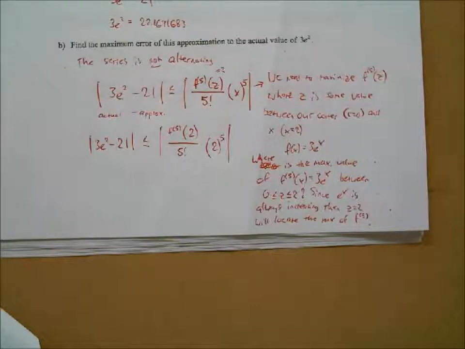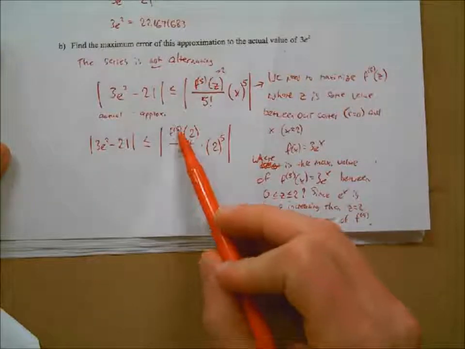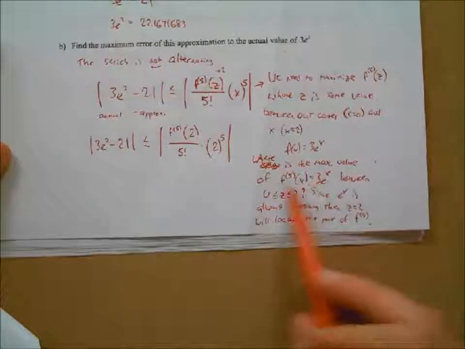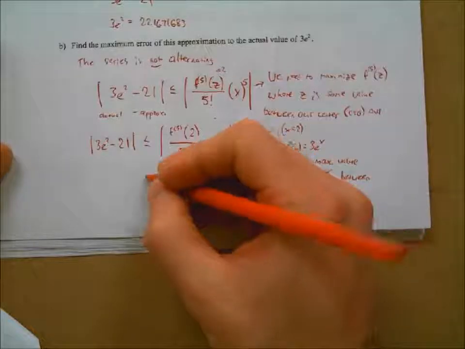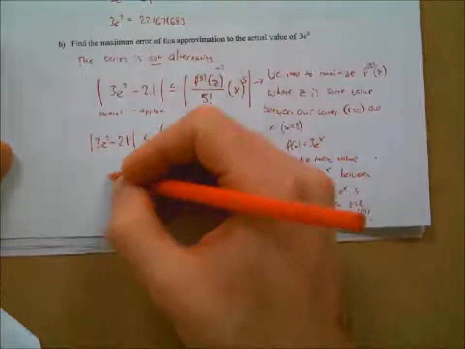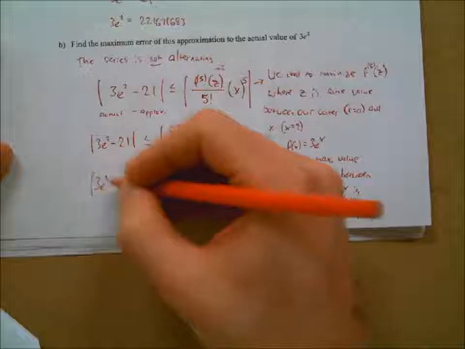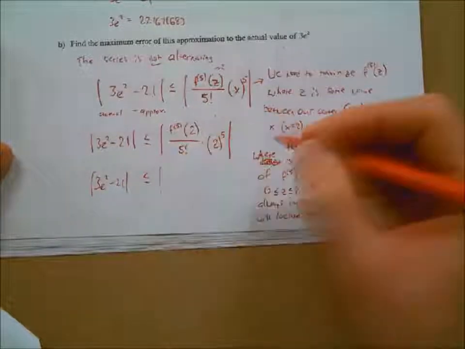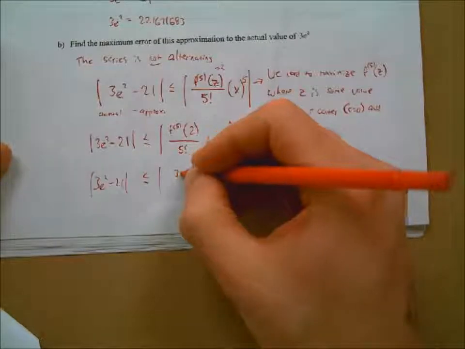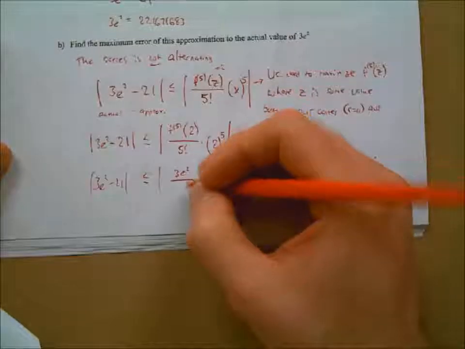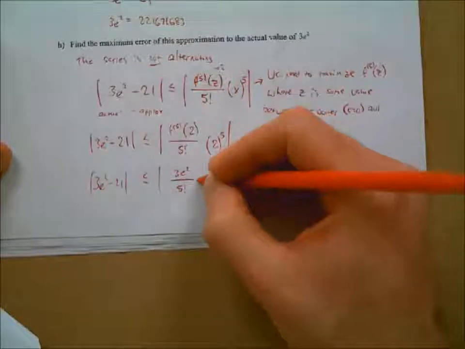All right, anyway, so let's evaluate here. So plug in 2, right? The fifth derivative of f at 2, well, we have that right here, right? So it's going to be 3e to the 2. So we'll say this is less than or equal to 3e squared over 5 factorial times 2 to the 5th.